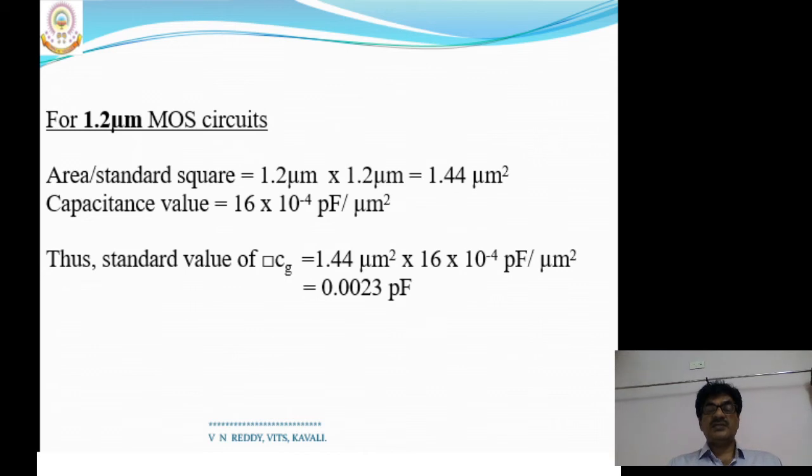So in order to estimate, initially we calculate the capacitance value in square Cz. After that, based on the technology, to represent it in picofarads, you need to use this value instead of square Cz.